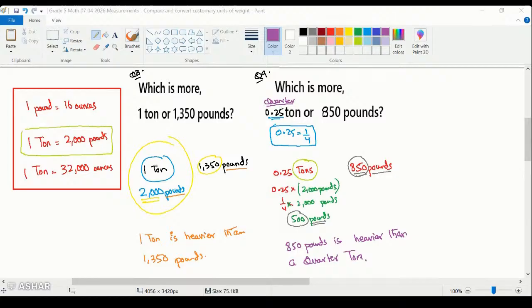Let's move ahead. Let's look at the next value. They're asking us which is heavier, a pound or 23 ounces. Let's write it down. Which is more, 1 pound or 23 ounces?